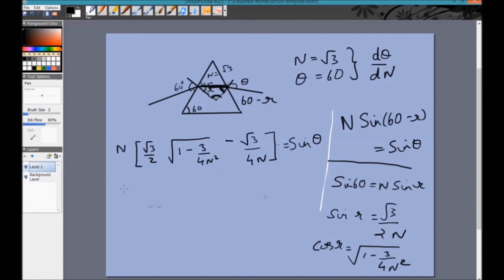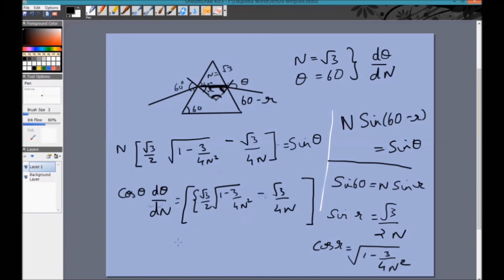So sine theta gives me cos theta d theta by dn, and this is equal to the derivative of this whole thing. So it will have a number of terms. First there will be the derivative of this, so there will be root 3 by 2 times 1 minus 3 by 4n squared minus root 3 by 4n, plus, this is the first term, plus we'll have n times root 3 by 2 times 1 minus 3 by 4n squared.